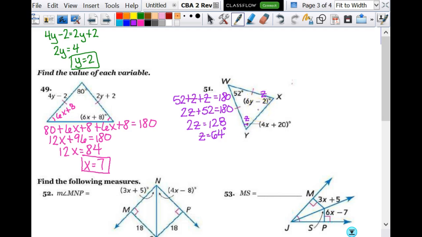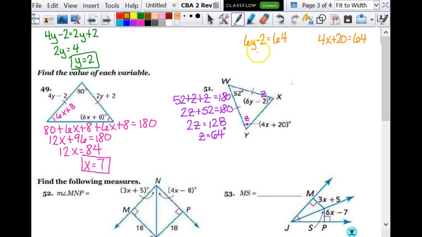So instead of me going down the systems route, I now know that 6y minus 2 has to equal 64, and that 4x plus 20 equals 64. And then I can just solve each one of those for x and y. Still kind of a system problem, I guess, but it's not nearly as complicated as it might be if I had to do it differently.